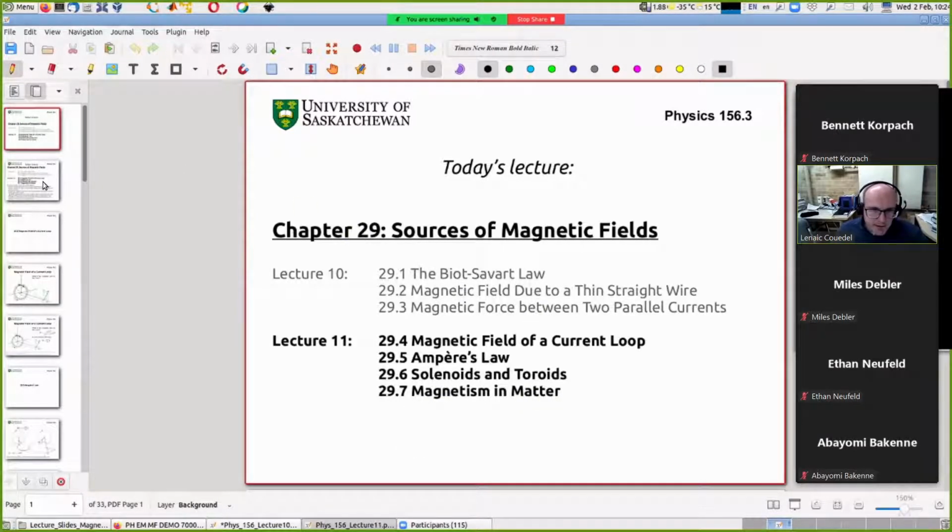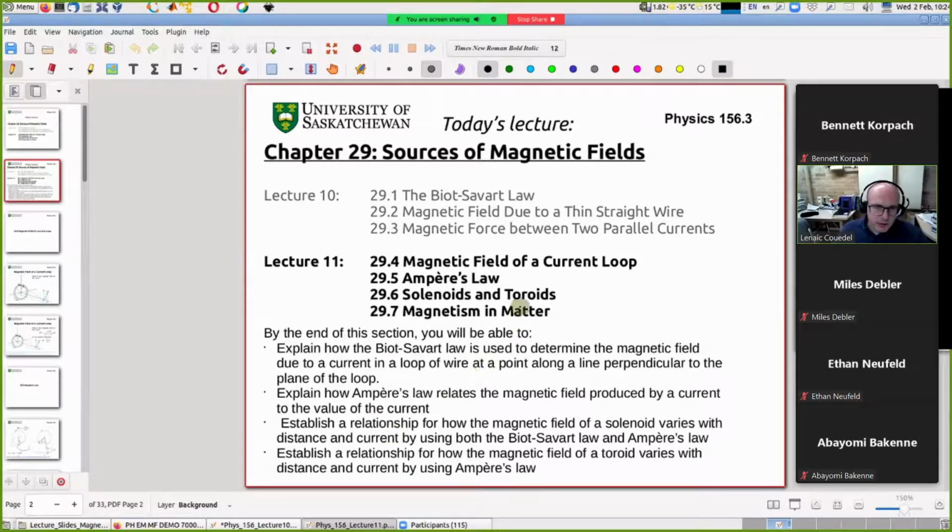So by the end of this lecture, you should be able to explain how the Biot and Savart law is used to determine the magnetic field due to a current in a loop of wire at a point along a line perpendicular to the plane of the loop, so along the axis of the loop basically. Explain how Ampere's law relates the magnetic field produced by current to the value of the current.